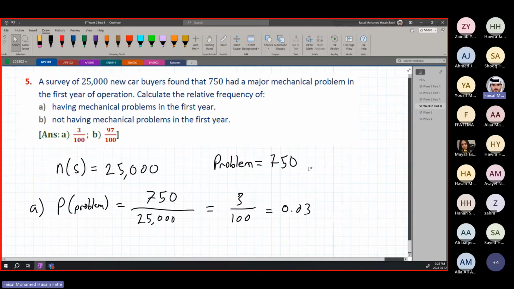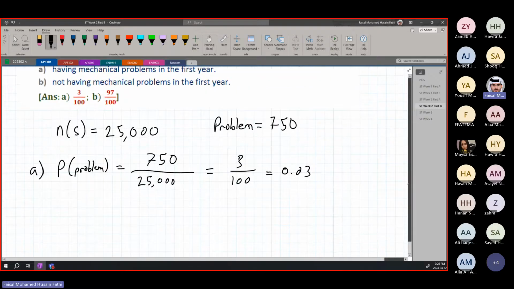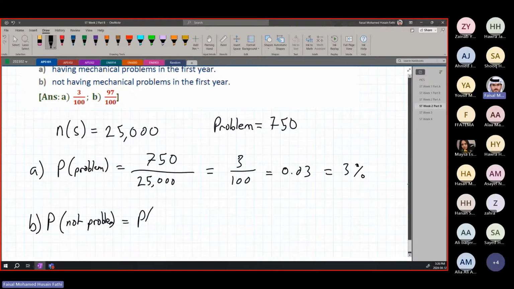So by logic, what is the chance of it not having a problem? Or this is just 3%. So P of not problem, or P of problem prime, this is the way you would usually write it, is going to be equal to 1 minus P of problem.